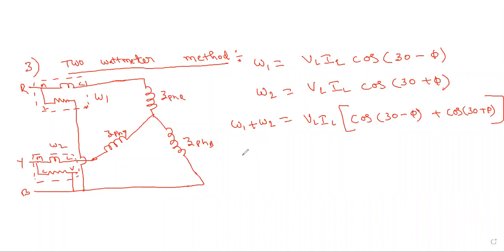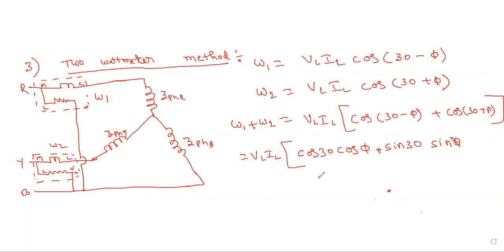What is the formula for cos(A minus B)? Cos A cos B plus sin A sin B.